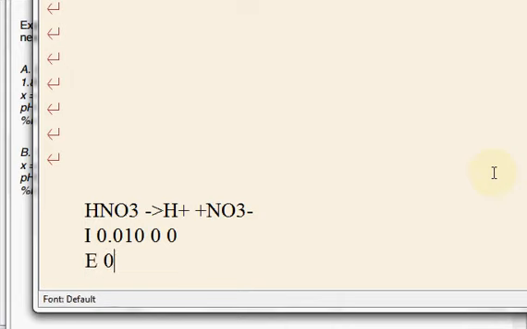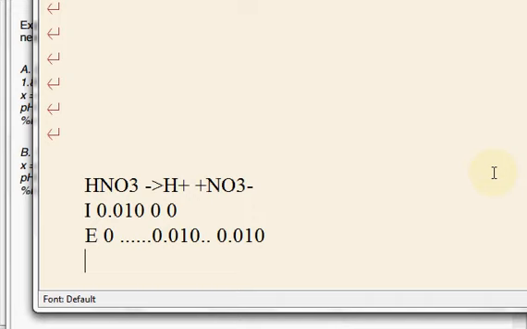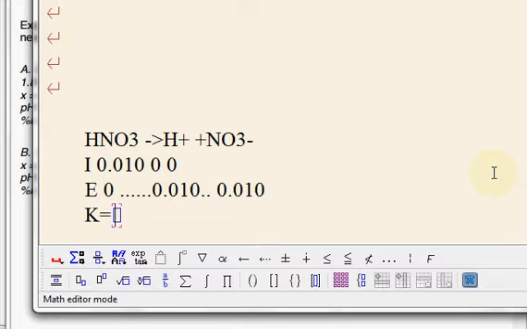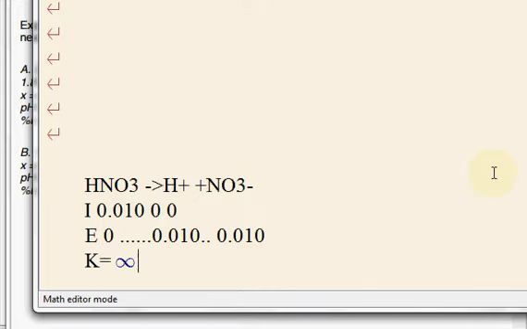The equilibrium is none of this, and all of this, and all of this, which I didn't put the zero in the right place. But that's about it. So you do the K, and it's all products over no reactants, so that's infinity, which is what it is for any strong acid.